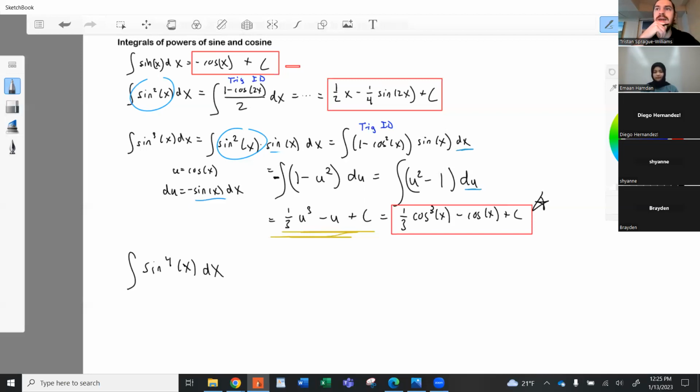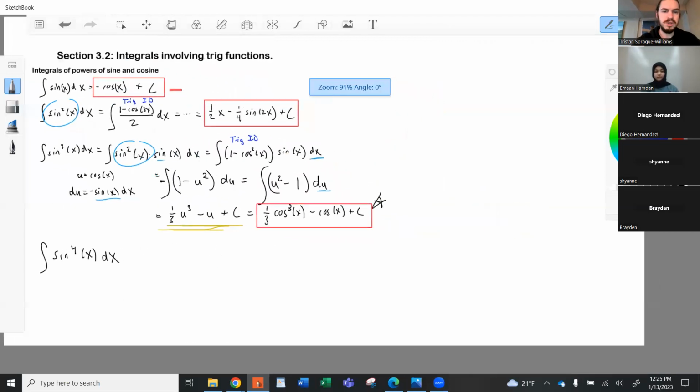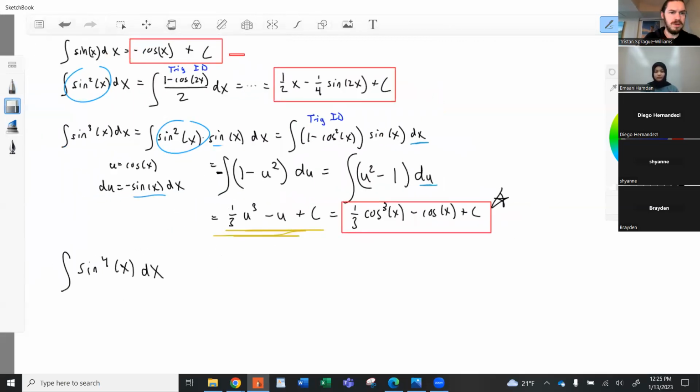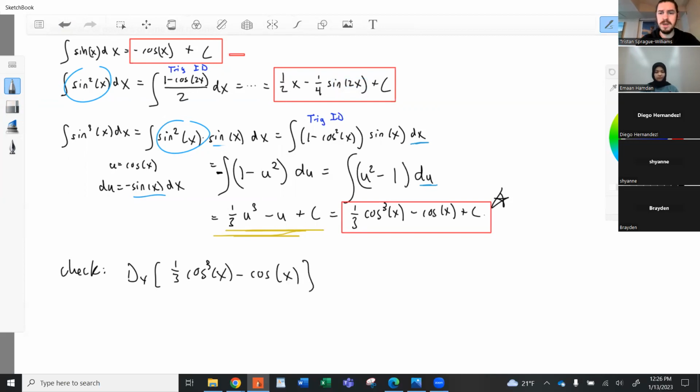Maybe we should double check our work before we do this one. So, check it. I'm going to omit the plus c when I'm checking my work because we know the derivative of c is going to be 0. So I'm just going to differentiate the rest of that here.